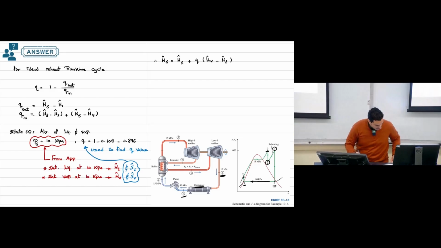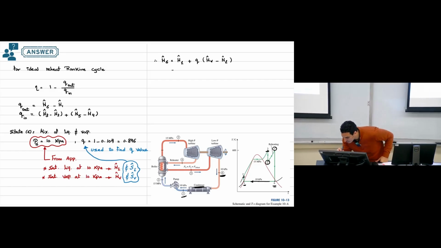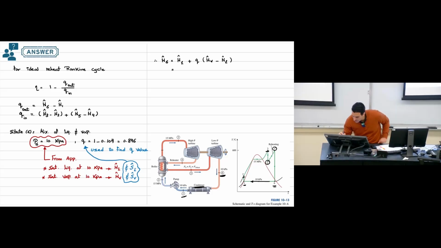So based on the numbers we have here, this is what we got from the appendix. We have HL, this is 191.8 plus quality, which is 0.896, times H vapor minus H liquid, 2392.1.